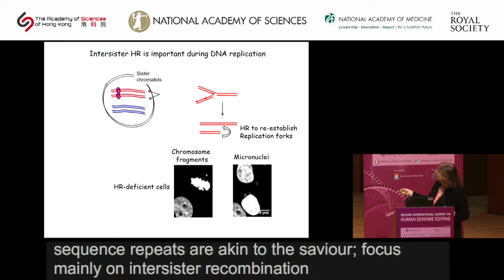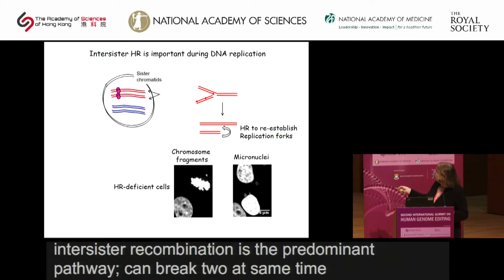But the normal role of recombination, we think, is a little different from the kind of editing events we do, where there's a single-ended double strand break that then has to reinvade to restart replication. And so homologous recombination is actually absolutely critical to cells, and so homologous recombination deficient cells can be inviable, but they can also show numerous genome rearrangements.